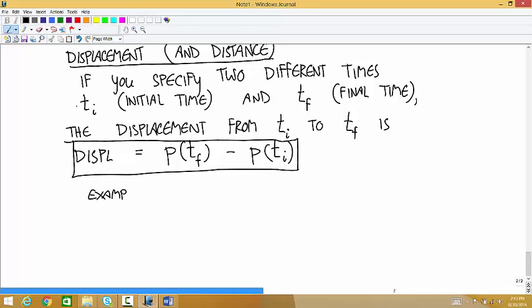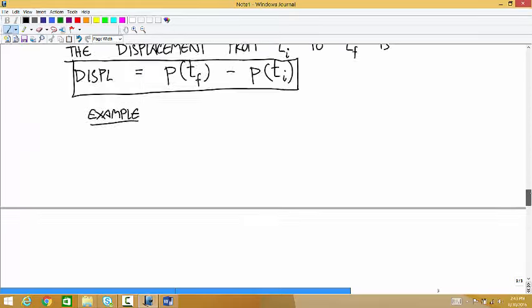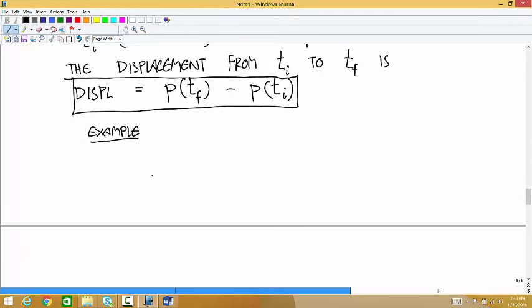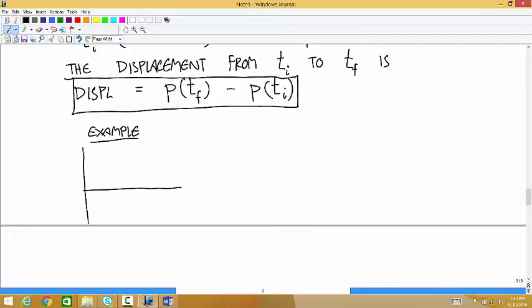So for example, let's say an object's motion is represented by this position versus time graph. There's 1 meter, 2 meters, and then -1 there.